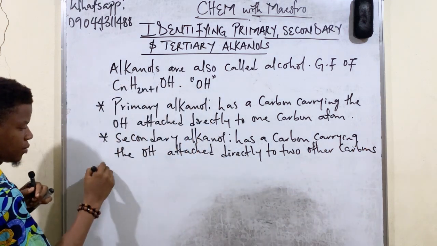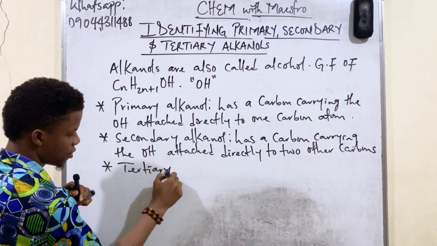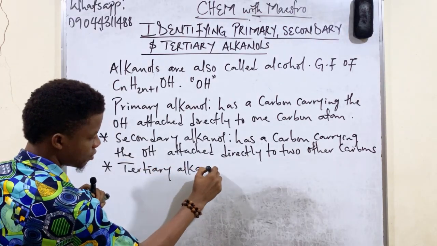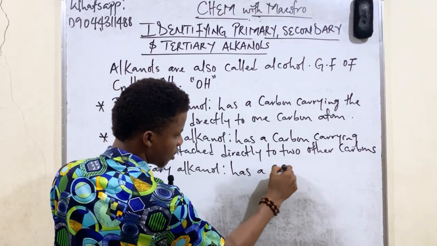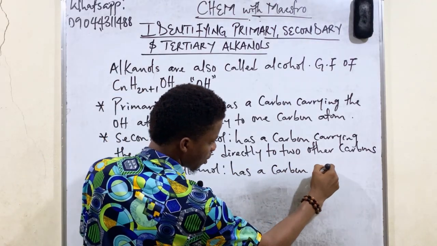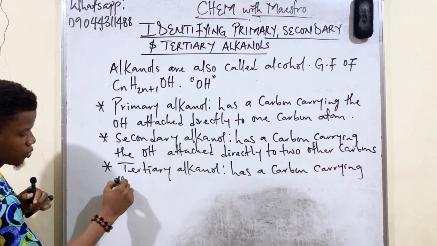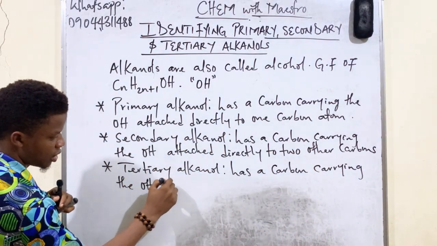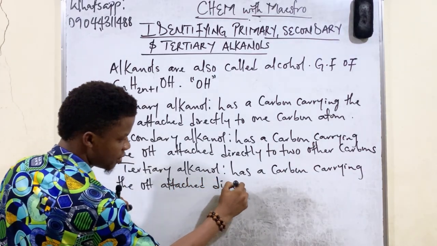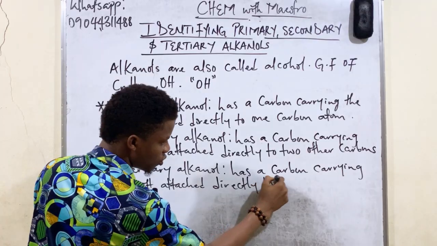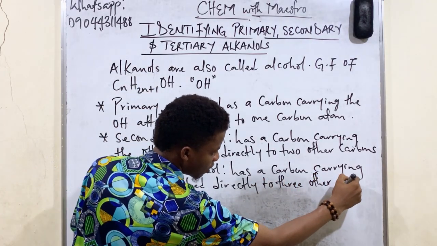Then lastly, a tertiary alkanol has a carbon carrying the OH attached directly to three other carbons.